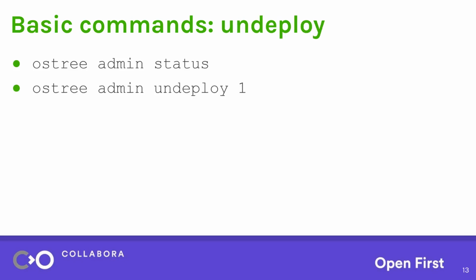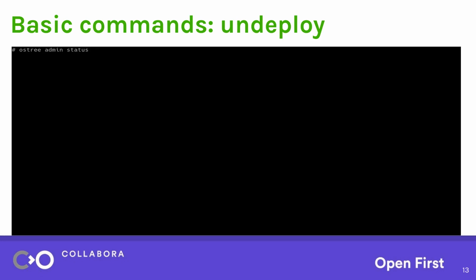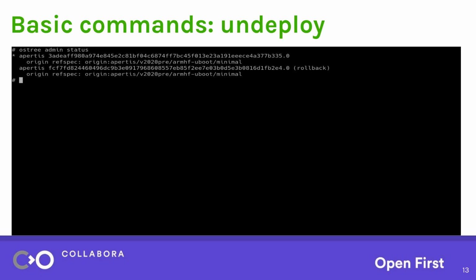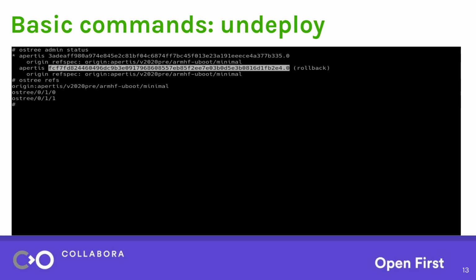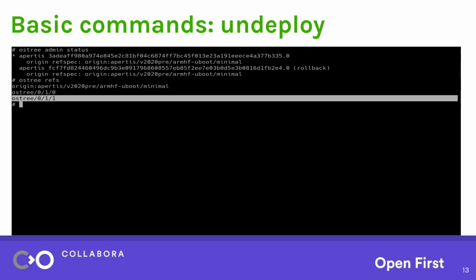So that leads us to a different task: how to undeploy an unneeded deployment. If we check the current status, we will see what we have: the deployment which we are booted in, and the rollback, the initial deployment which we are not using for now. And references show that we have two bootable configurations.